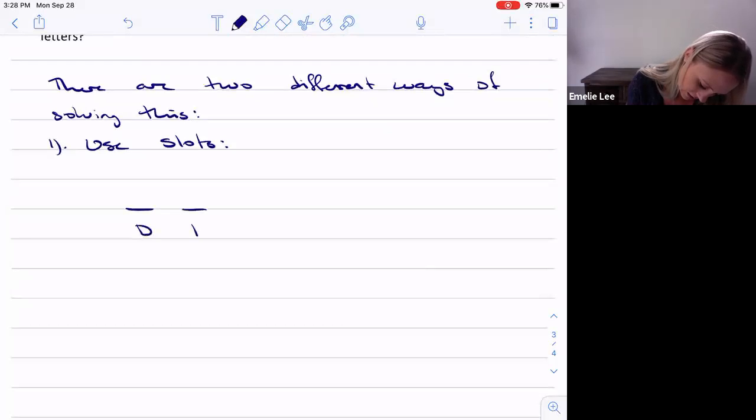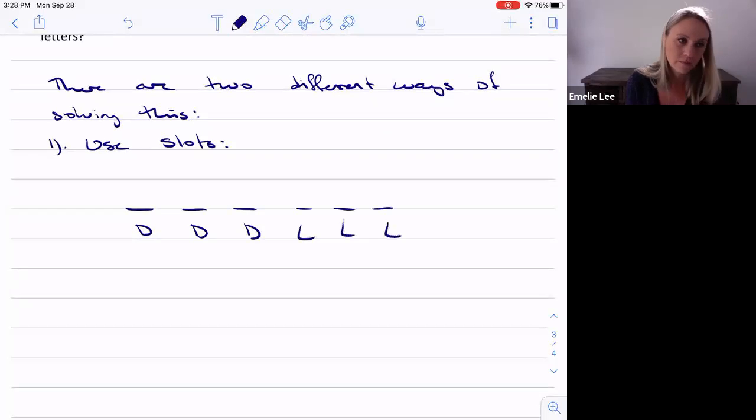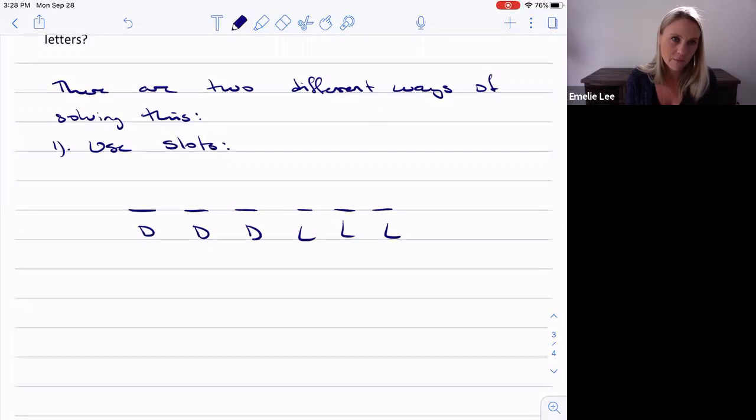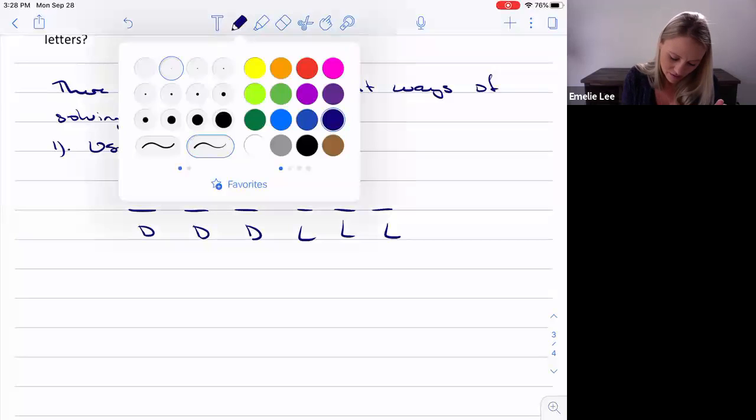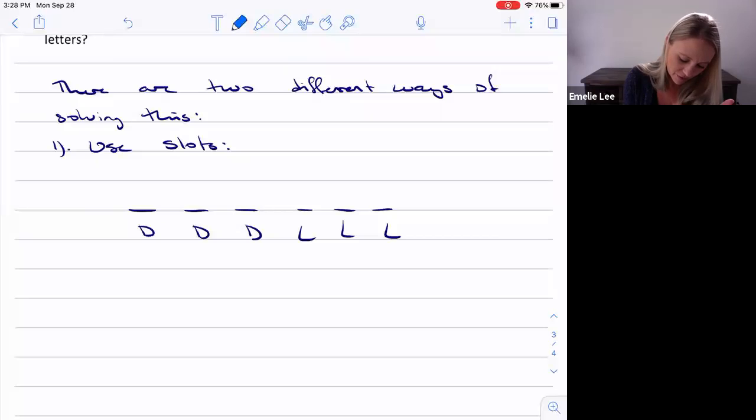A digit, digit, digit, letter, letter, letter. Okay. If repetition is not allowed, right, for my first digit, I have 10 to choose from. Right? But now I've used one, I don't know which one, it doesn't matter which one. So for my next digit, I only have 9 to choose from. The next digit, I've already used up 2 of those digits, so now I have 8 to choose from.